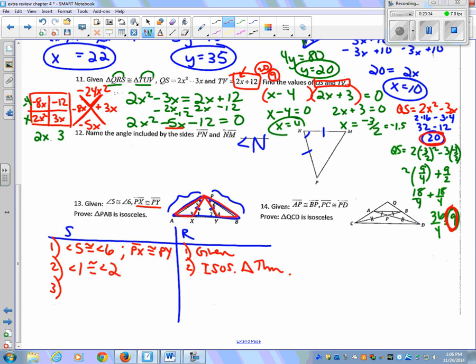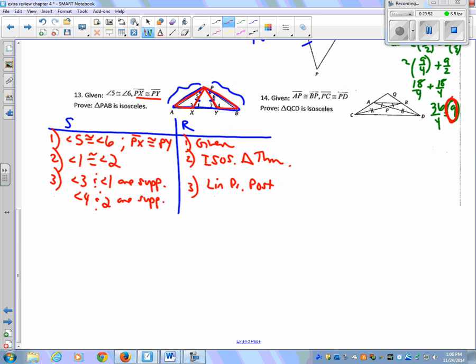And from there I can say angle 3 and angle 1 are supplementary, and angle 4 and angle 2 are supplementary by the linear pair postulate. So then I'm able to say that angle 3 is congruent to angle 4 by the congruent supplements theorem.